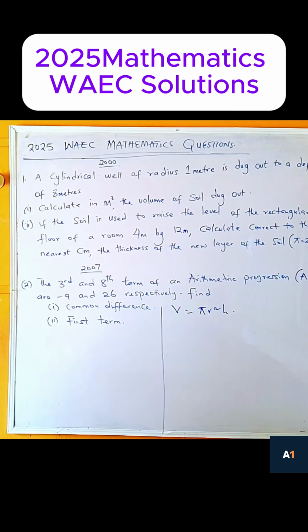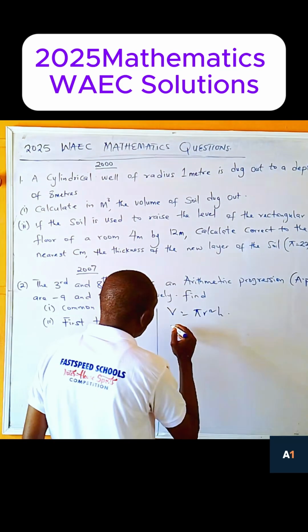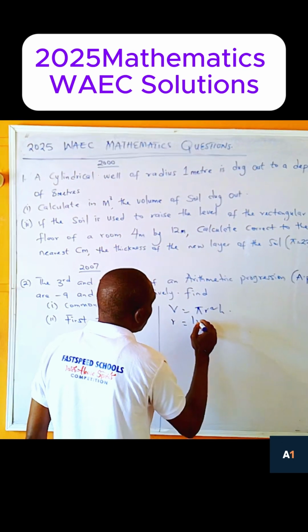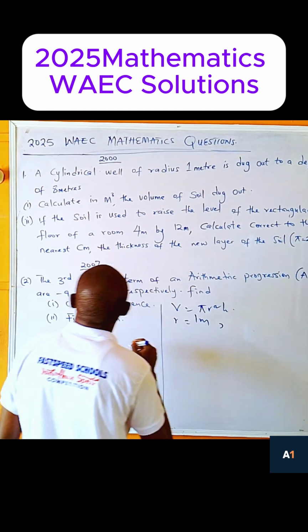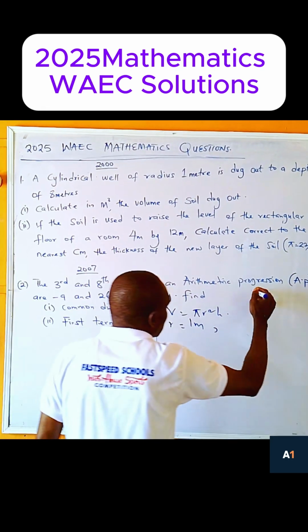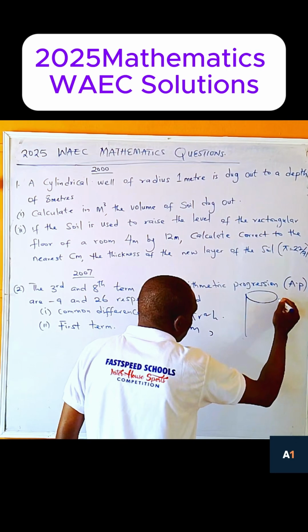Now, we are given that the radius of the cylindrical well is 1 meter, and the depth means the height. This is how the cylinder looks like.